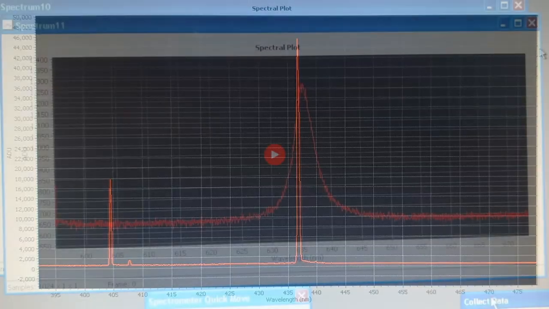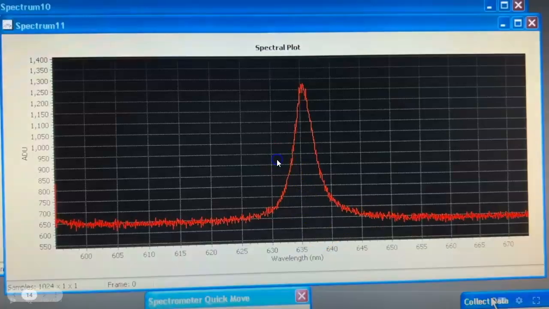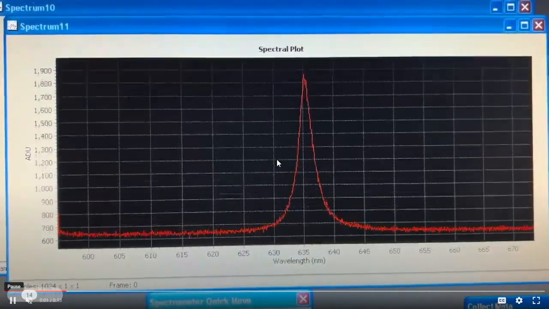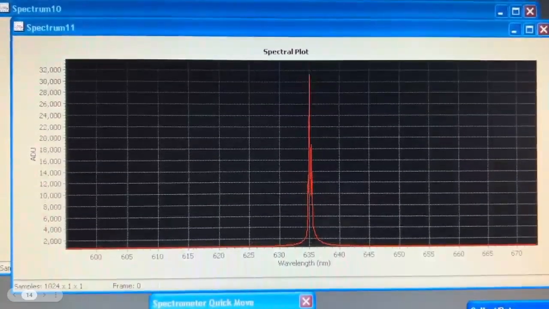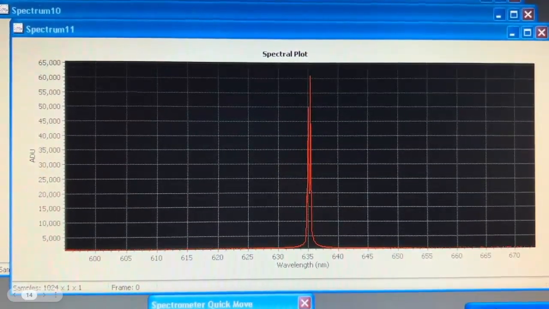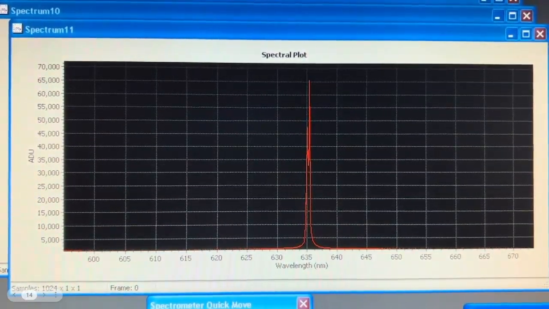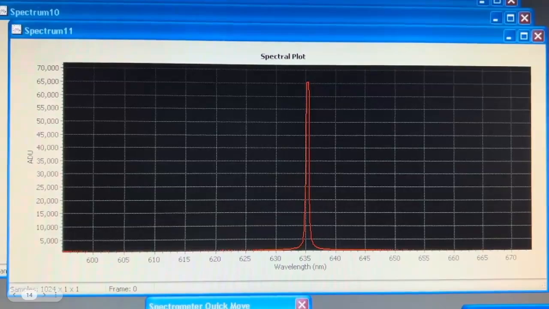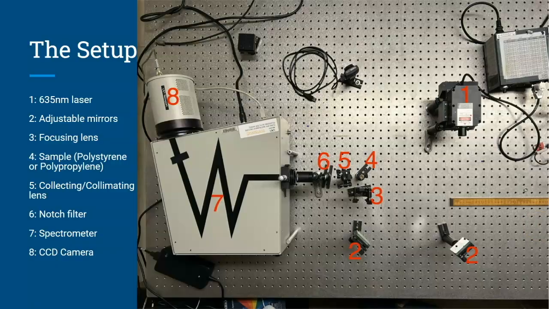So both quite small. When we increase the intensity of the laser striking the spectrometer, it increases the amplitude of our peak.